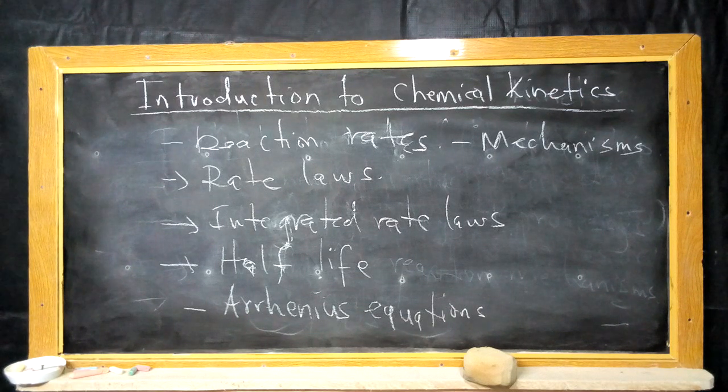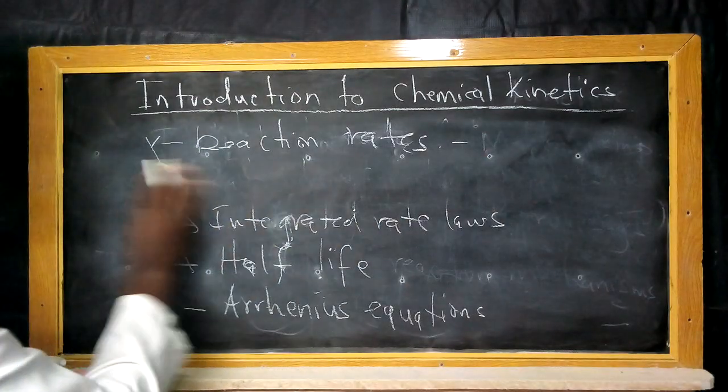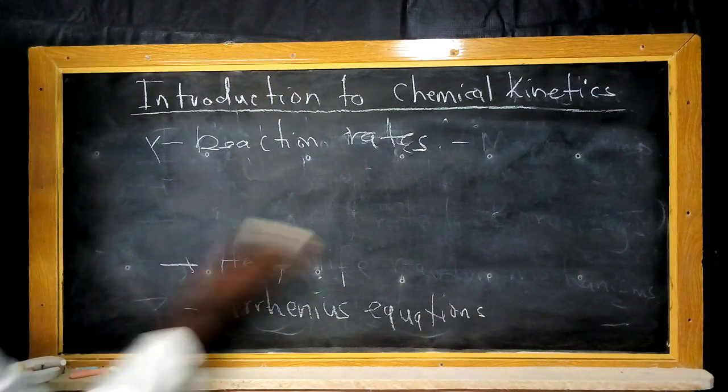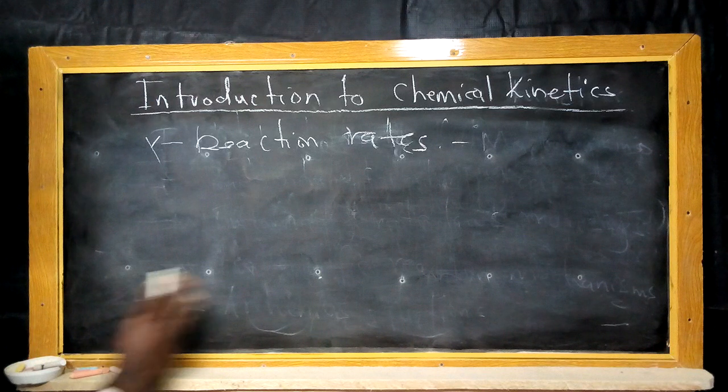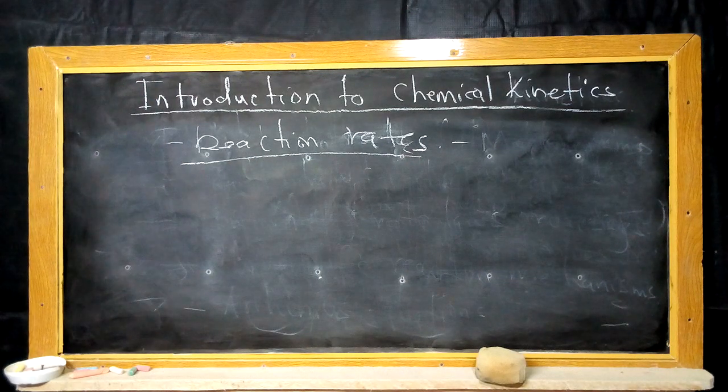So for that case, as we have mentioned that one, and we have given it a definition, we can just look at it in a nutshell and try to see what reaction rates are.